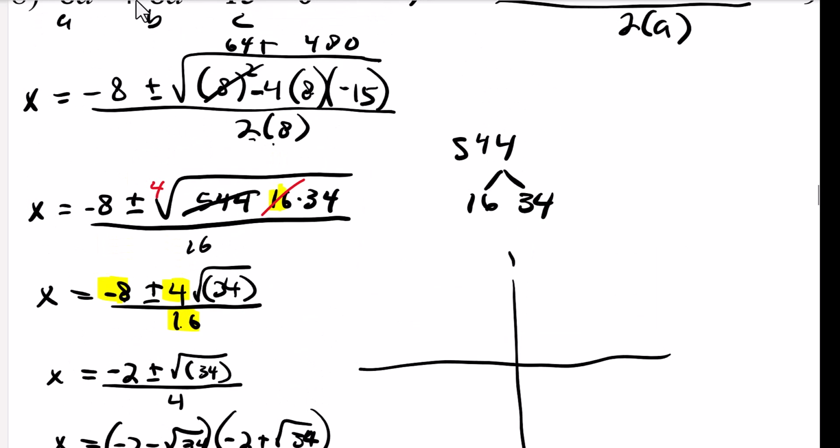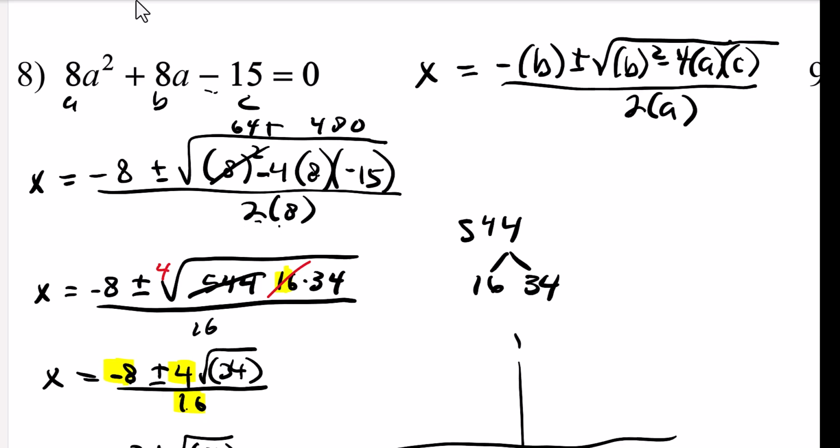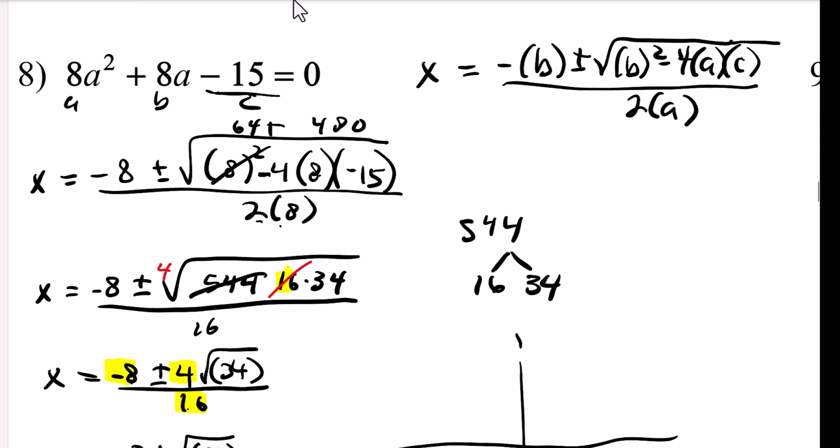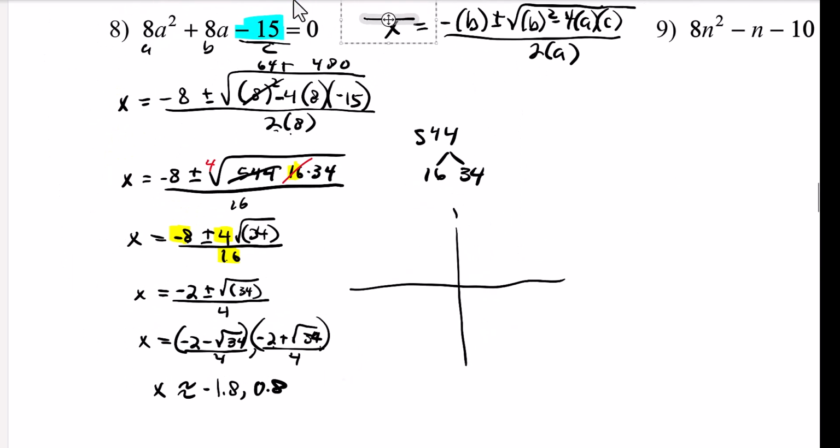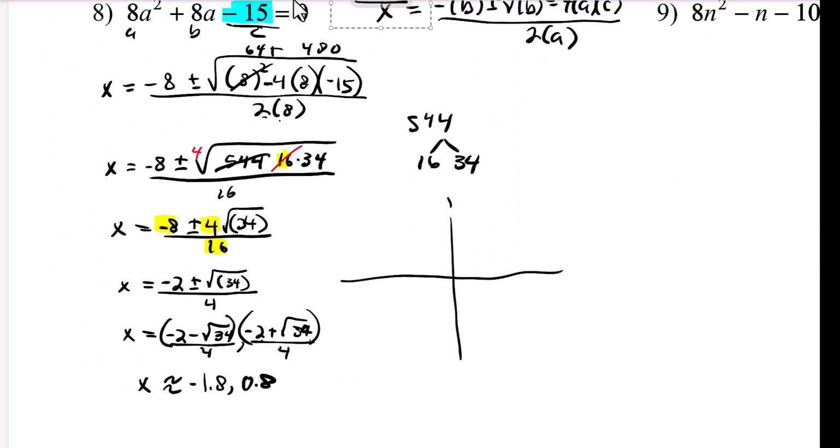And then remember, we touch on the y-axis whatever that c value is. Did not mean to cross it off with it. There you go. So negative 15 is where it's going to touch. This right here is negative 2 subtract root 34 all over 4.